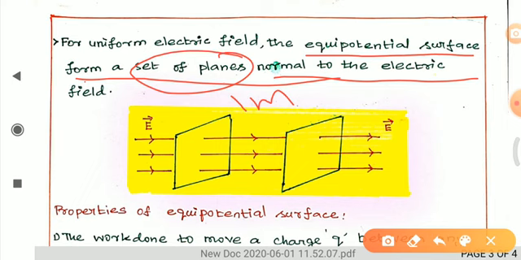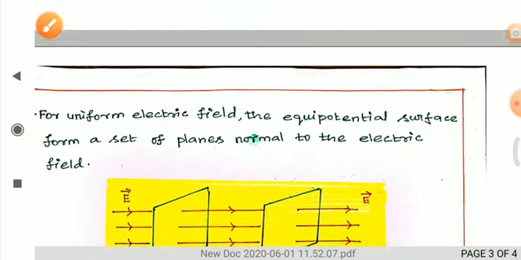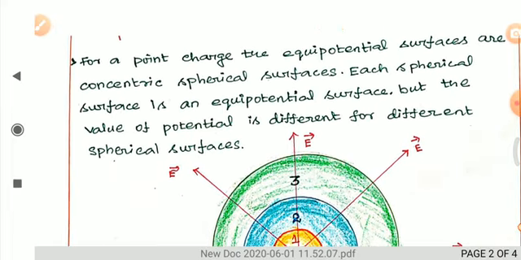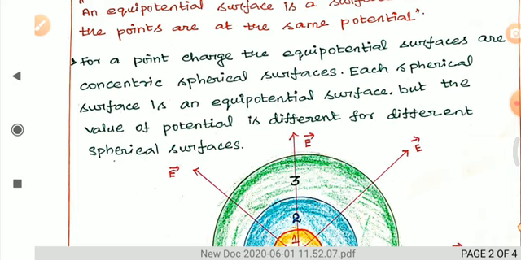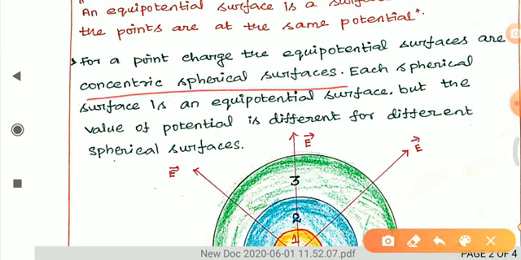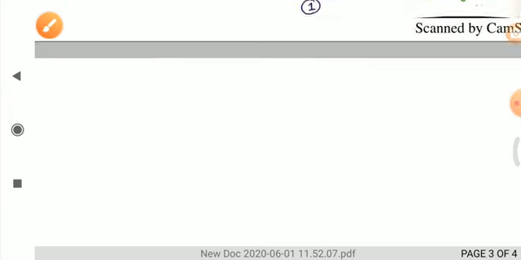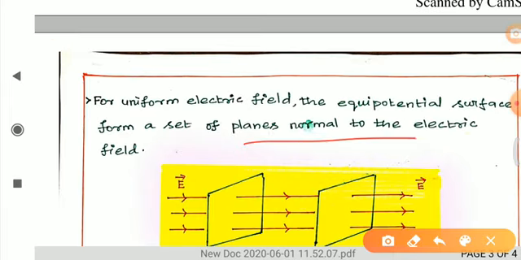Now you can raise one more question. In the previous point we have discussed a point charge, where the equipotential surfaces are concentric spherical surfaces. In the uniform field case, it formed a set of planes. Then one more word we have seen, that they are normal to the direction of electric field.